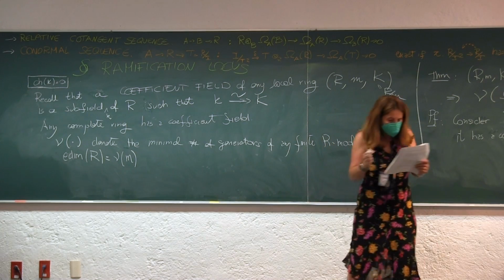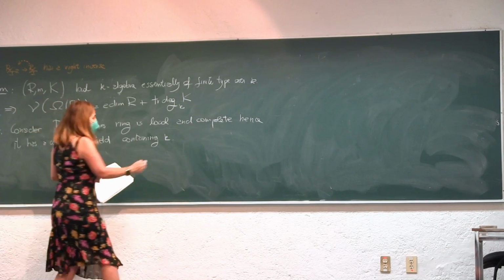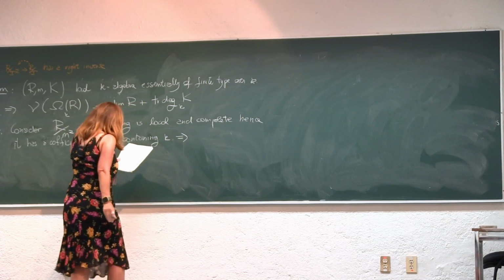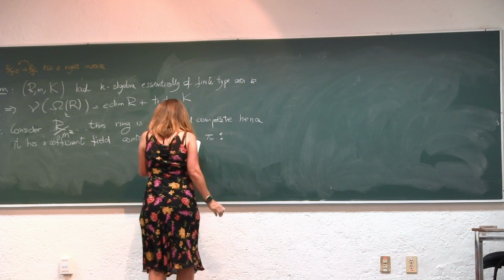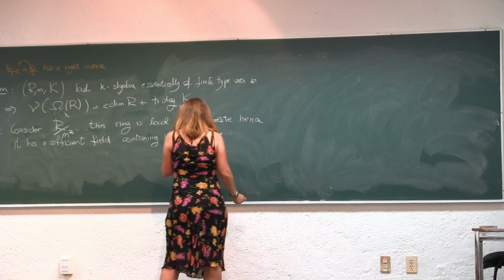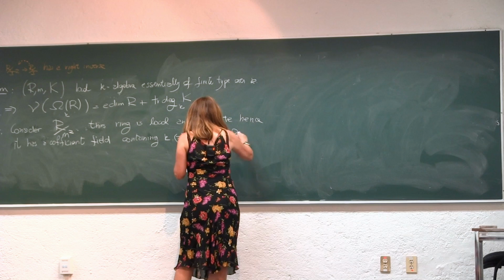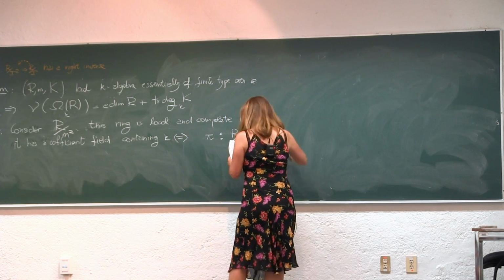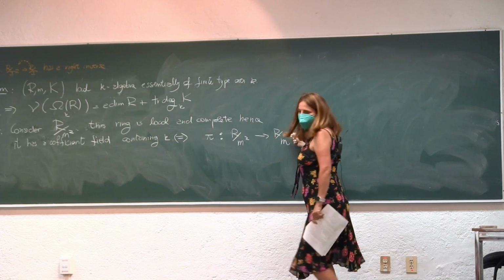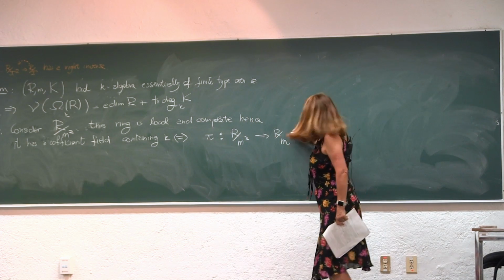And because we are in characteristic 0, so it's separable, this tells us, and this is really equivalent, that the natural projection has a right inverse as a map of K algebras.